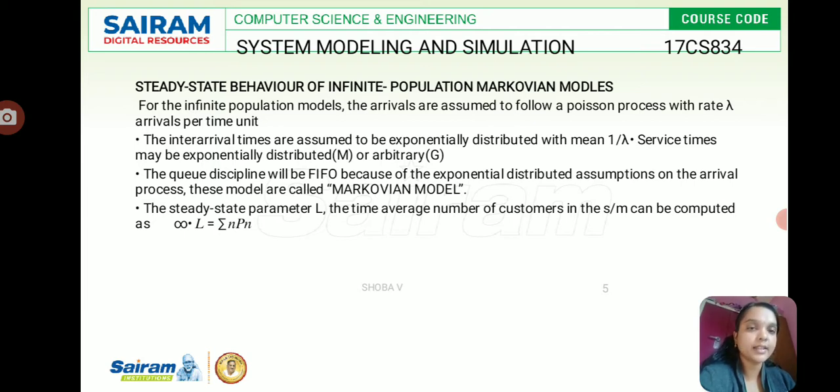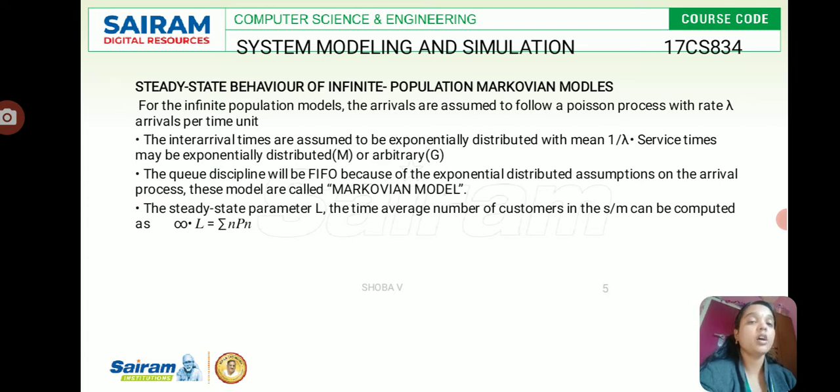For example, if a customer is coming to a bank or a hospital, he is going to get serviced by the server, and at the same time he may have other work to do simultaneously. So it depends upon the queue discipline and queue behavior.